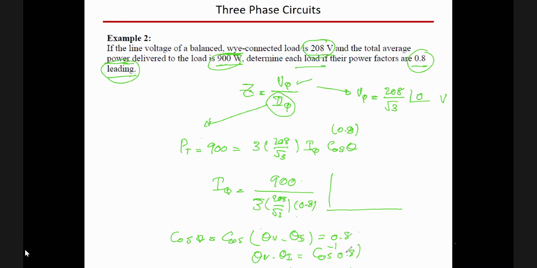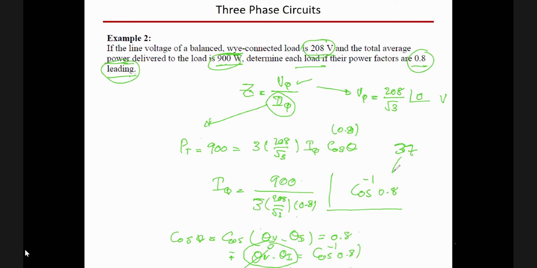Okay. So if we find the inverse of 0.8, this will give us the angle theta V minus theta I. We know that theta V is 0, so this will give us theta I, maybe, because we don't know if this is minus or plus. The cosine inverse of 0.8 is 37 degrees.